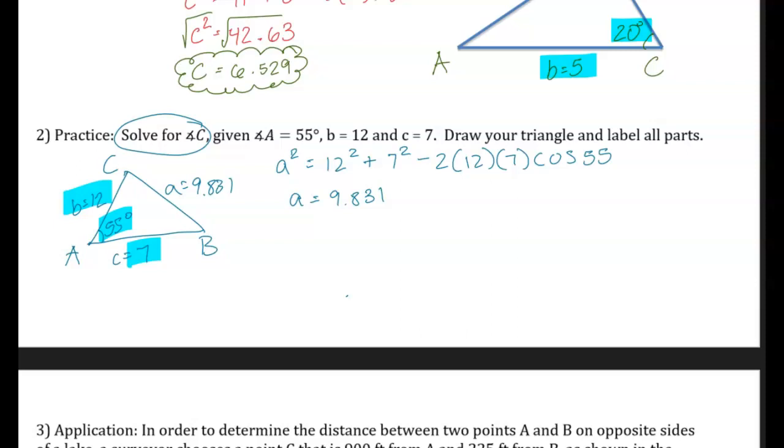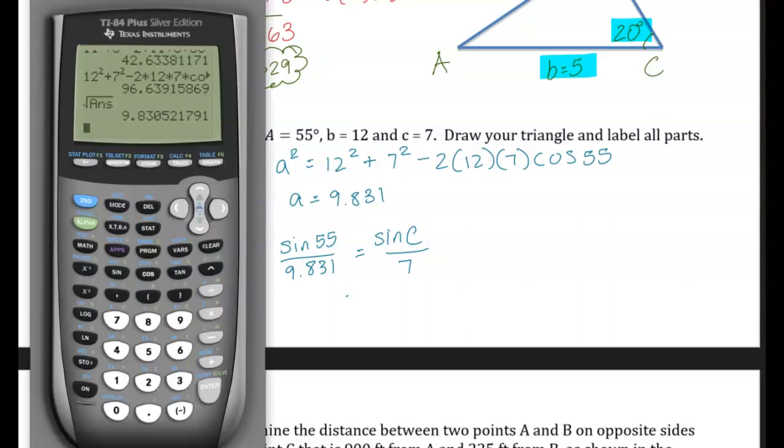So here I'm going to do sine of the angle across from the side I just found over the side I just found, 9.831. Is that equal to, and I'm trying to solve for angle C. So that means that the side length I need underneath is 7 over sine of C. Then I pull out my calculator and I do 7 times sine 55 divided by 9.8.